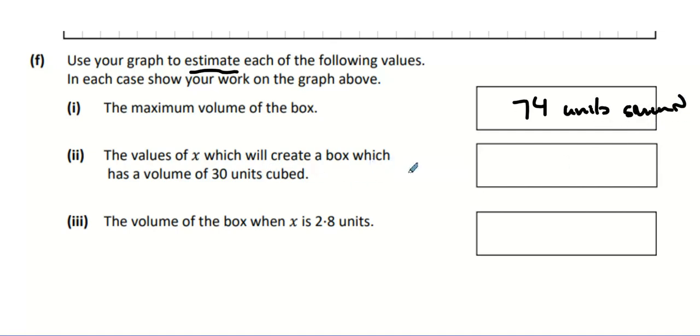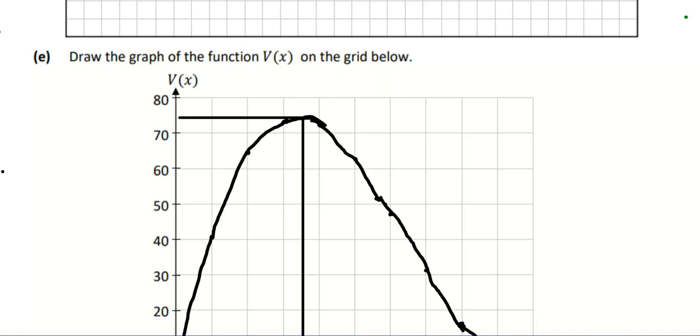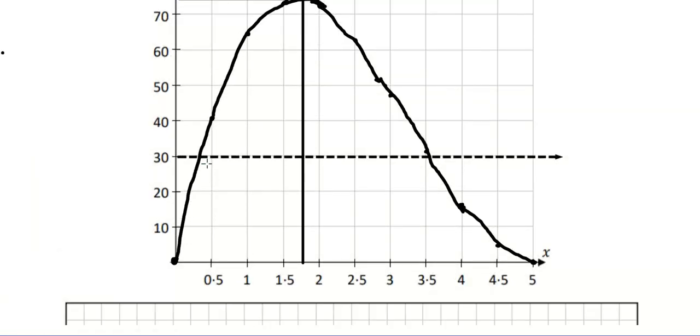Find the value of x which will create a box which has a volume of 30. So let's go to 30, which is this part here. Draw a line going straight across, and there's 30 right there.